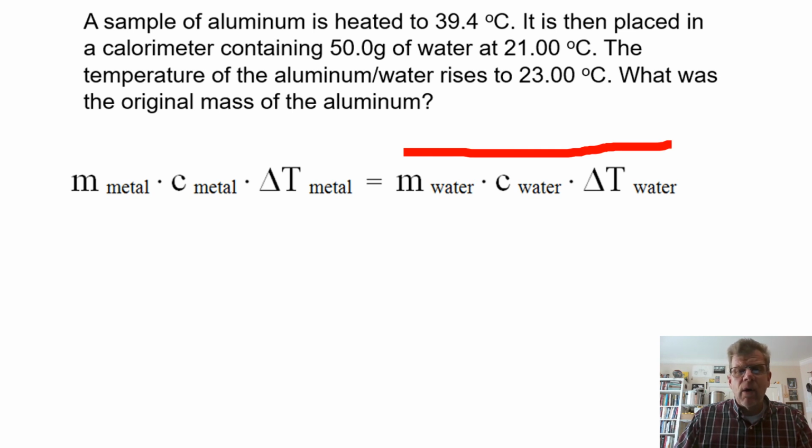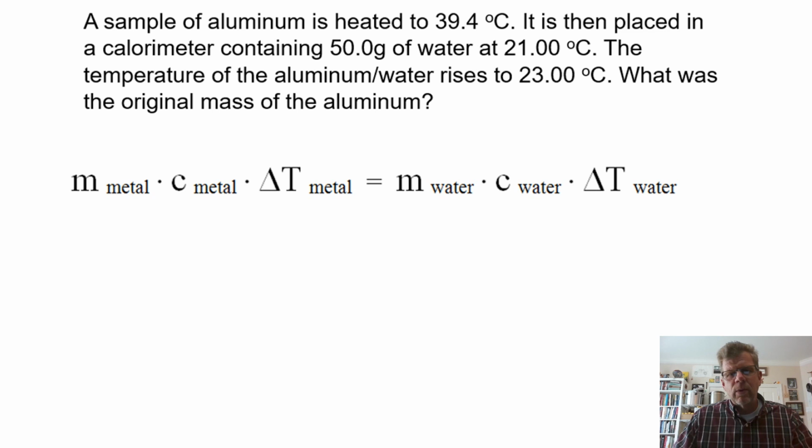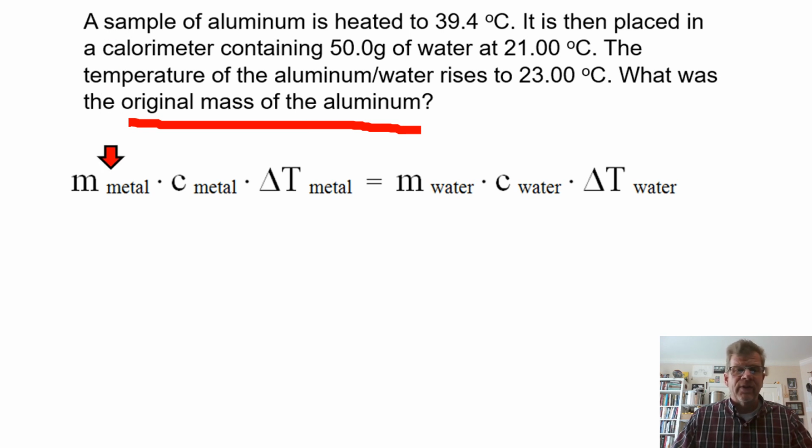And looking back over that problem, which of these 6 variables is the unknown that I'm going to be looking for? Well, again, let's look. What was the original mass of that aluminum metal? There it is. So the mass of the metal is what we're going to be solving for.